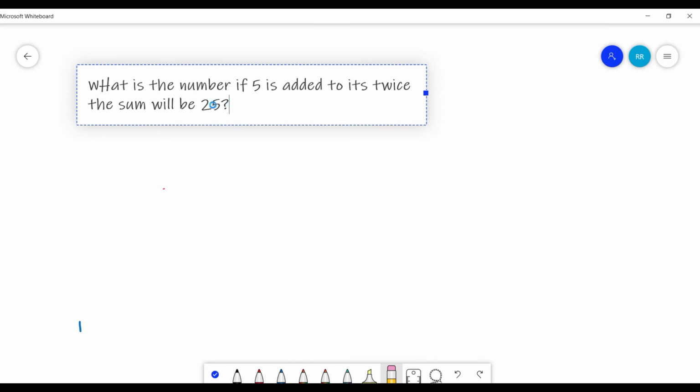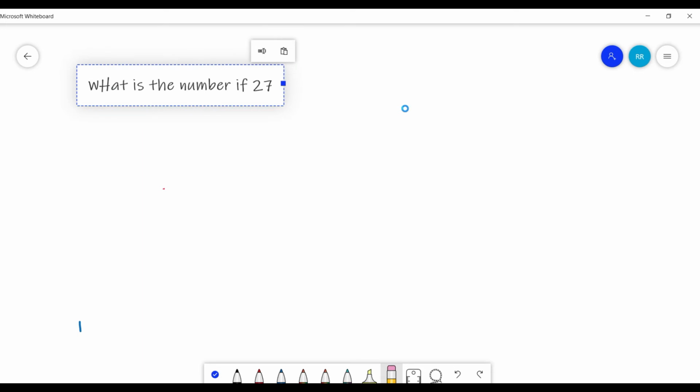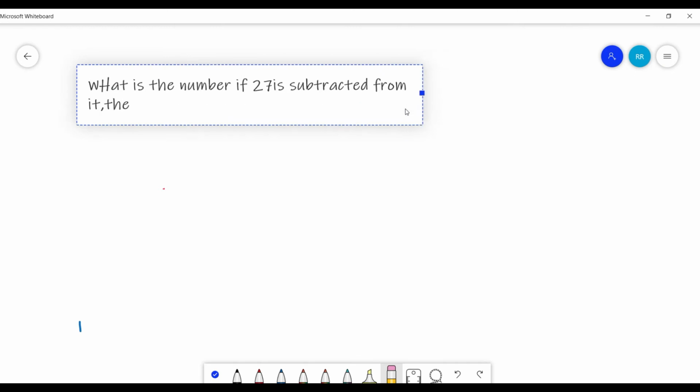So this one is: what is the number if 27 is subtracted from 8, the difference will be minus 21? So how can you write this?